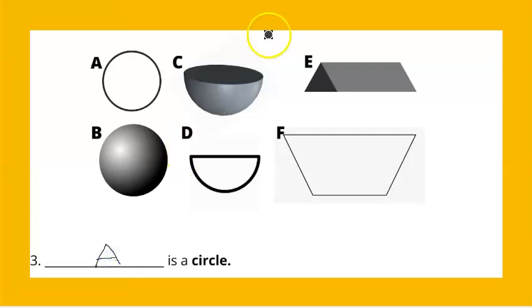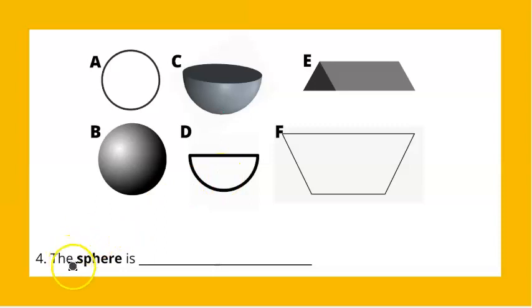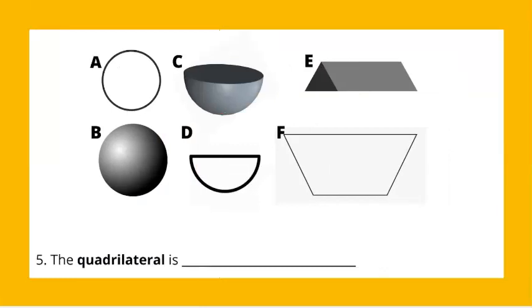All right. And the next one is the sphere is dash. I told you B is the sphere. Okay. And the next question, the quadrilateral is F. F is the quadrilateral.